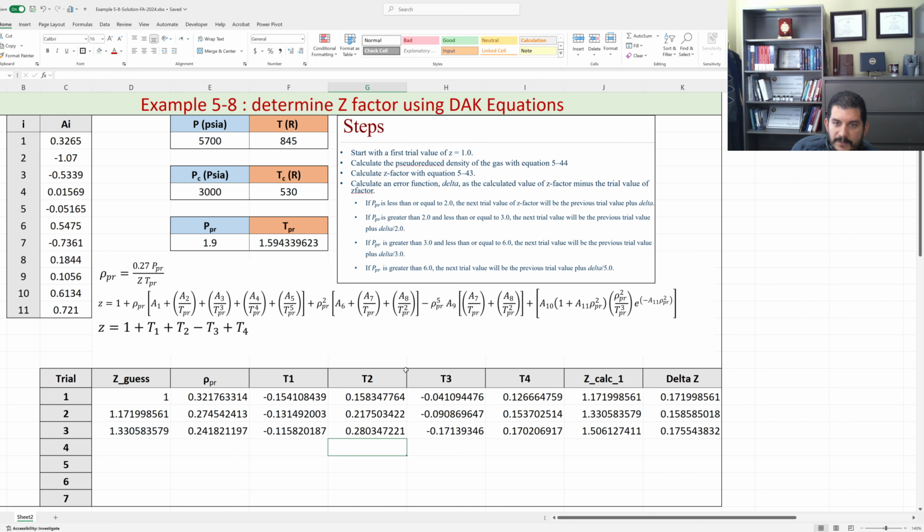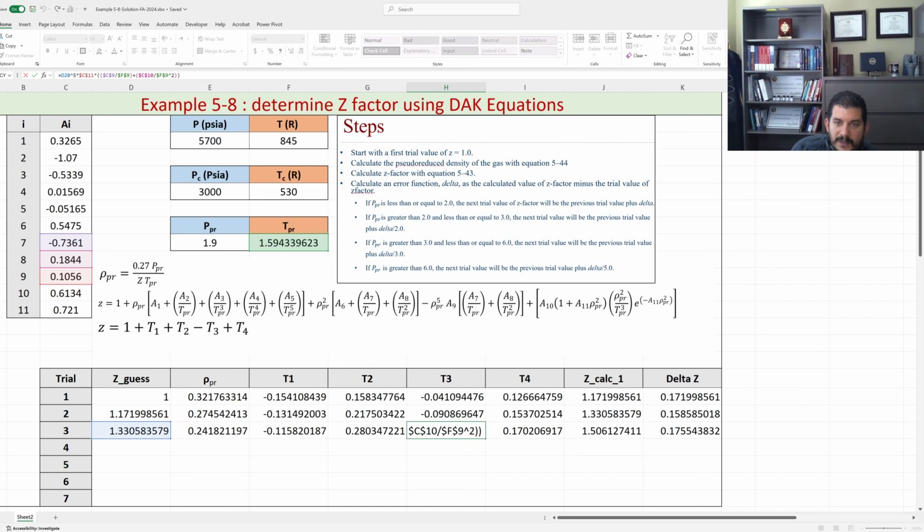squared. Good. Third one, it is density to the 5th times A9, which is 11. Okay, good.